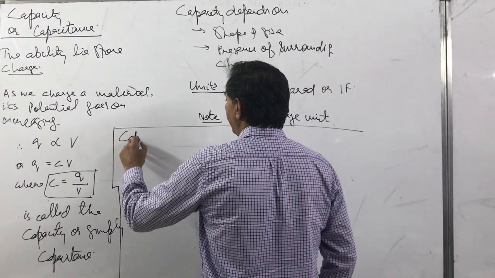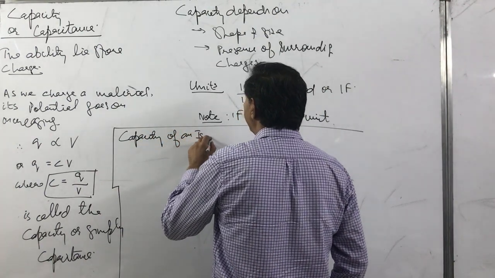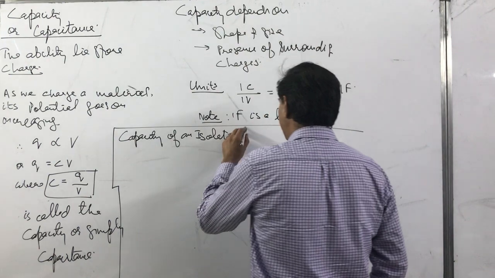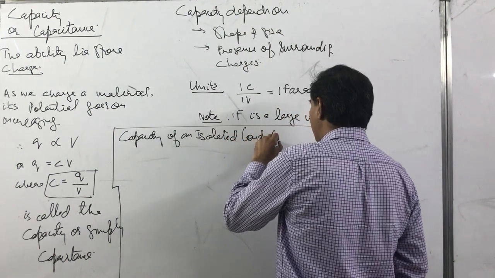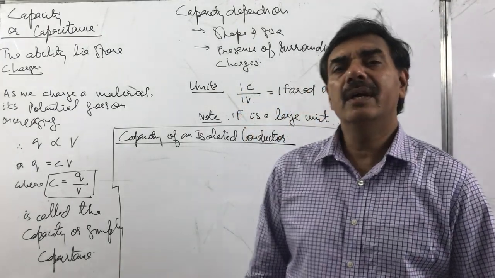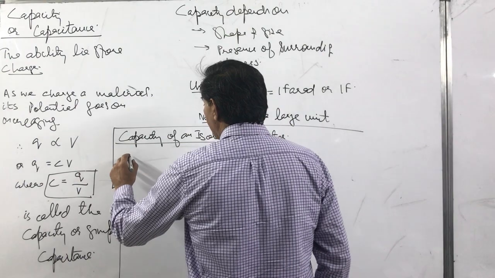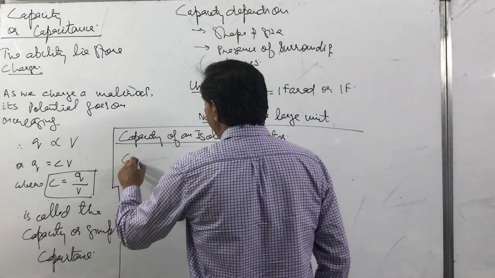Capacity of an isolated conductor. Consider a sphere of radius r.